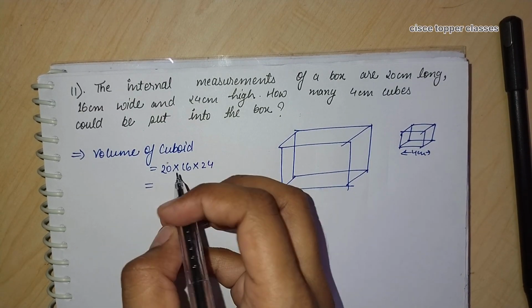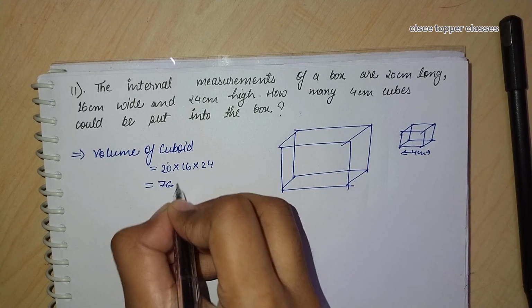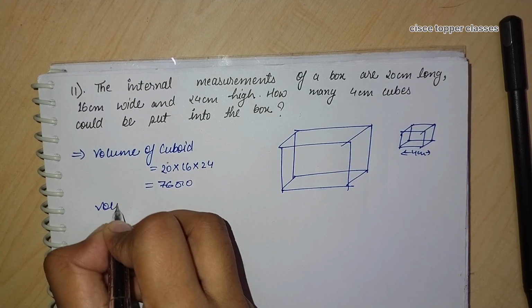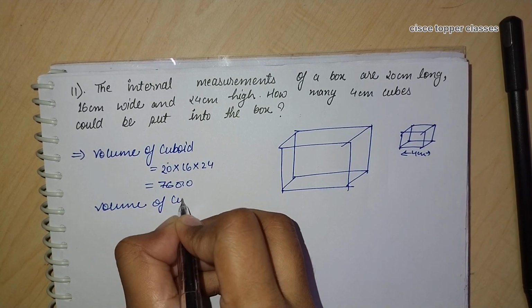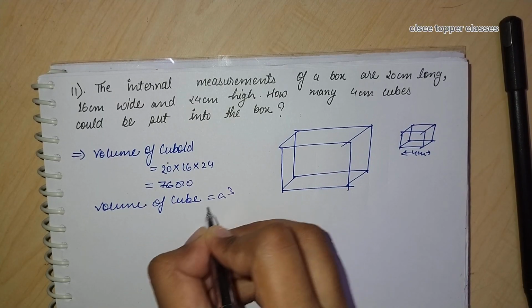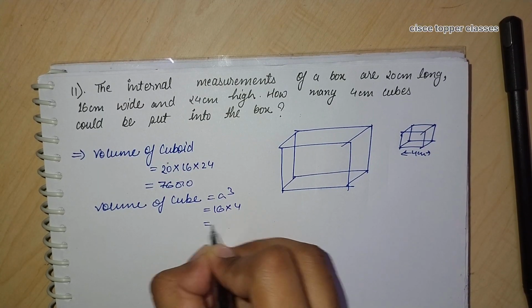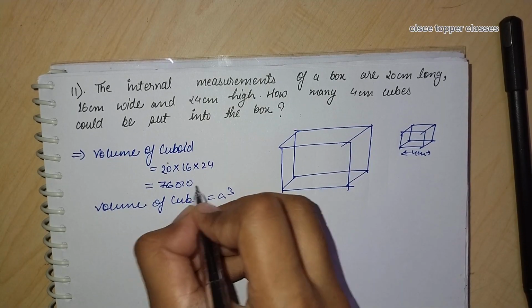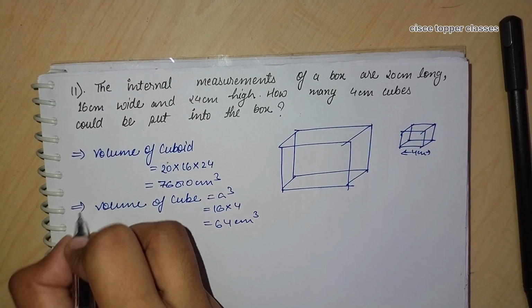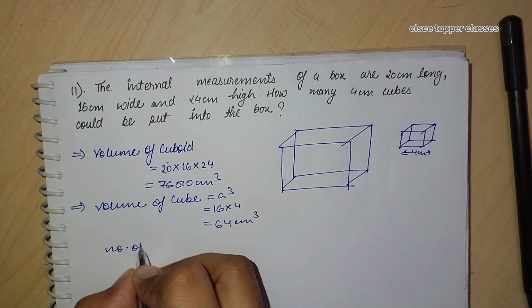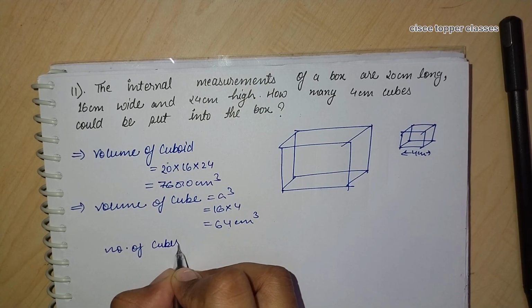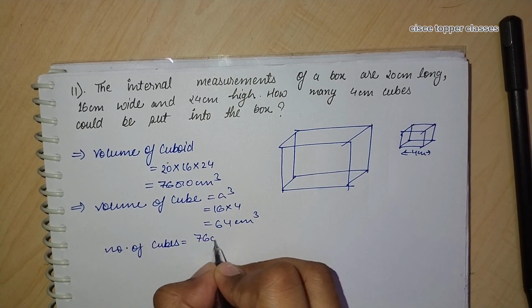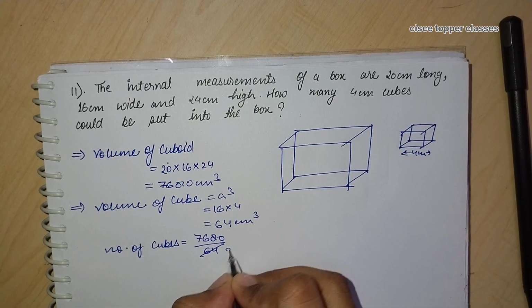So this will be 7680. Now if you want to find the volume of this cube, this will be 4 into 4 into 4, so 64 centimeter cube. So to find the number of cubes which we can put in that cuboid, it will be 7680 divided by 64.